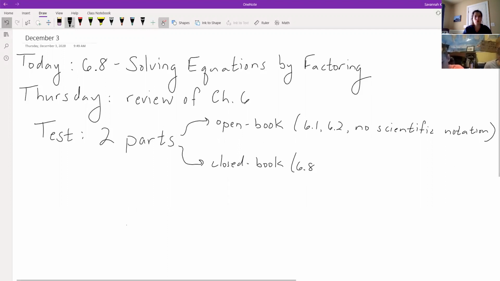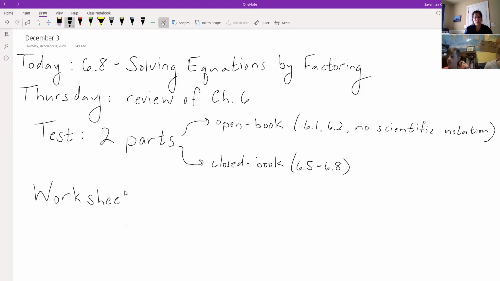Oops. Okay, I think I've got it up there. I wanted to make sure I got those sections right.